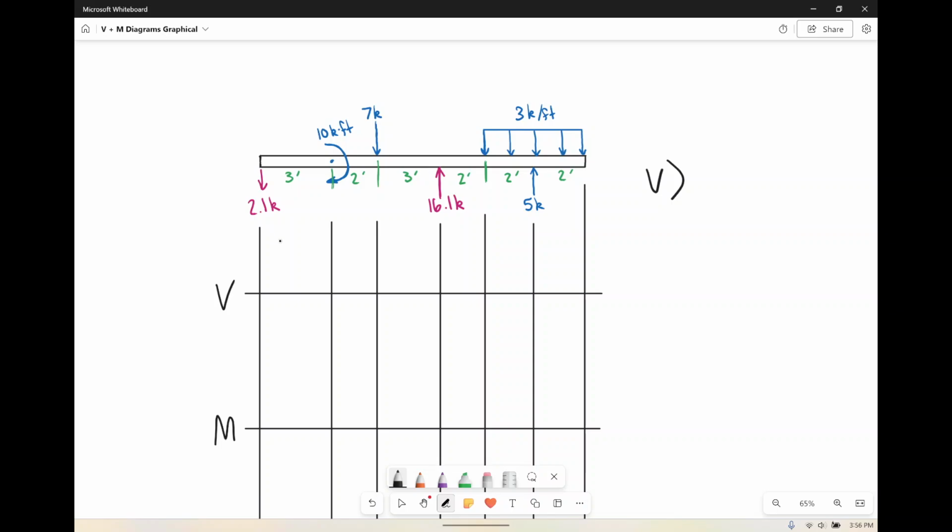Every time you go from a horizontal line for your load, which is a 0 degree, to the next diagram, so from load into shear, this one's going to have a 1 degree. When we go from shear into moment, this is going to have a 2 degree. We're always increasing the degree of curvature for our slopes. Again, this is going to make a lot more sense as we get to it.